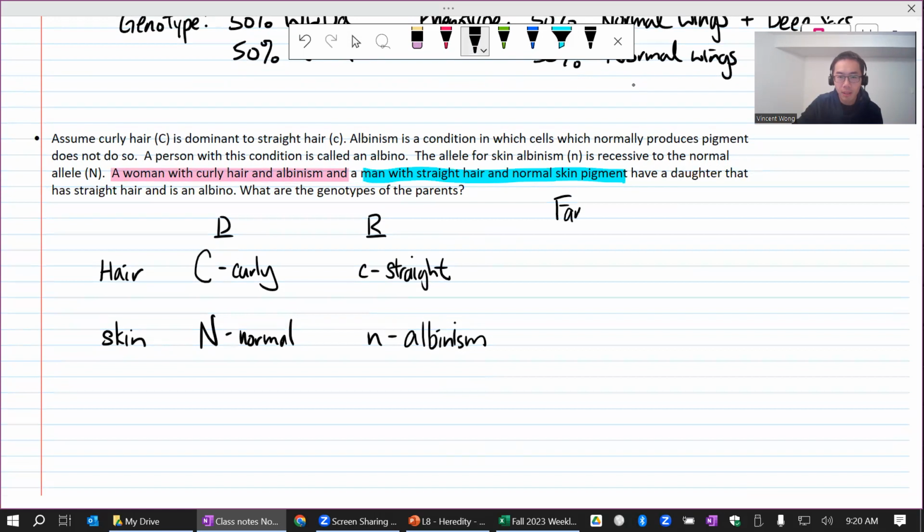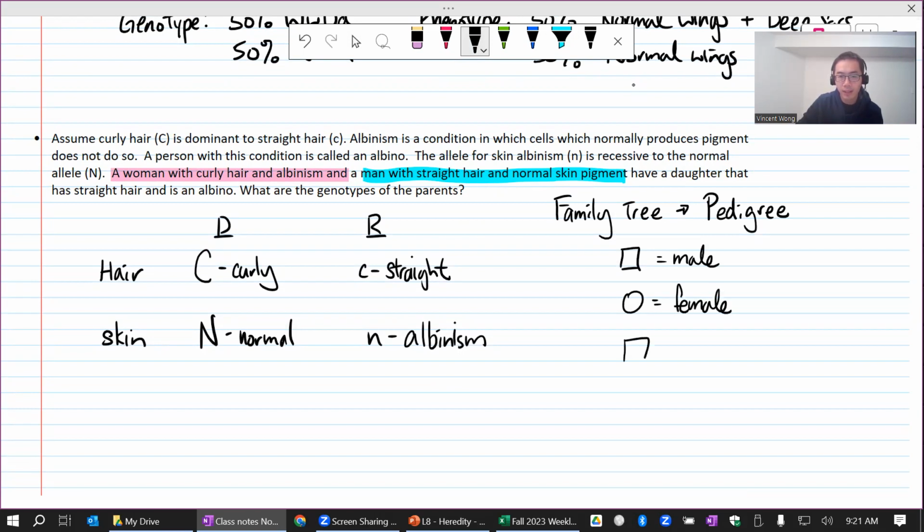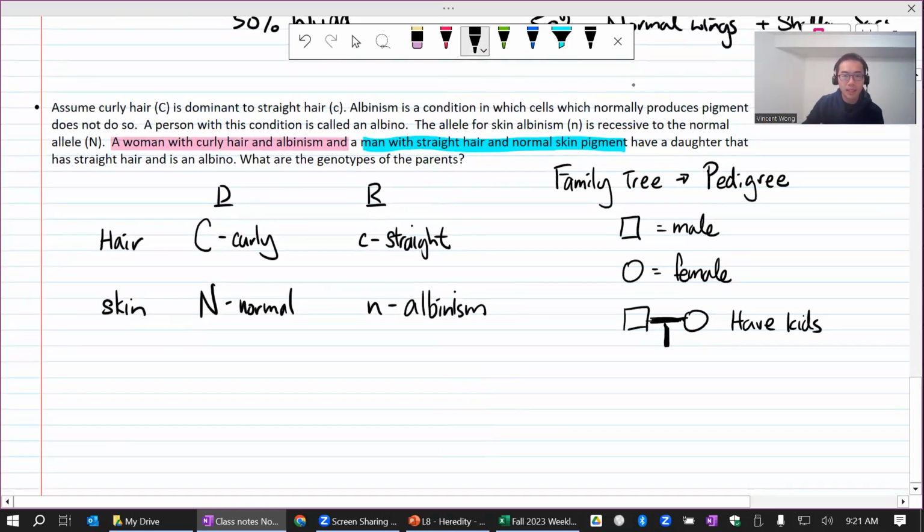In genetics it's called a pedigree. Square is male, circle is female. And then this is to have kids. Sideways usually means to marry, or to have a kid. And then this is going to have a kid for the next generation.